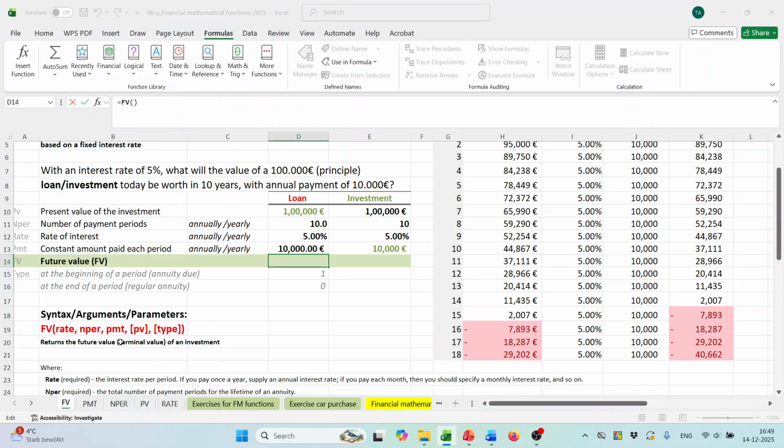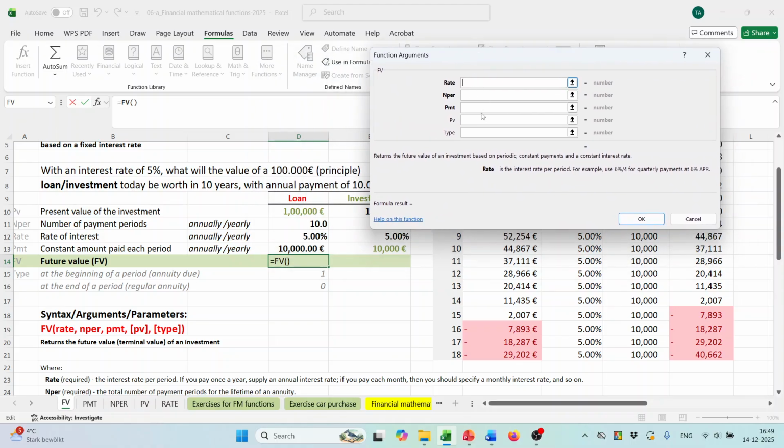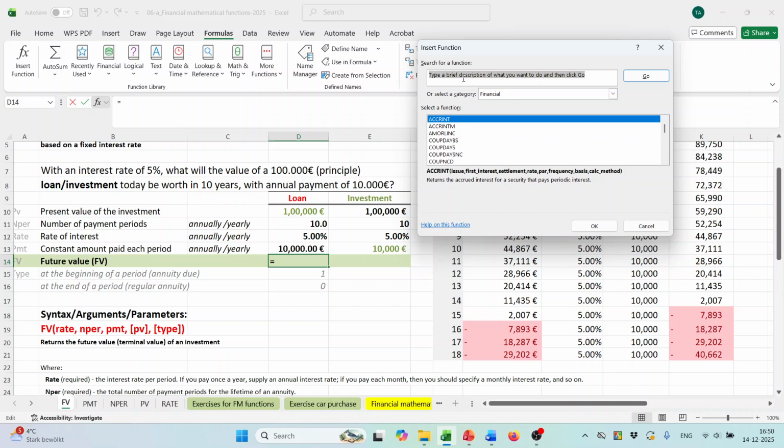So here we will get a table where we need to give the necessary arguments. We can also find these tables in another way. If we click on this little fx, we will get a search box, and we can write FV here, press Go, and we can also find the future value.